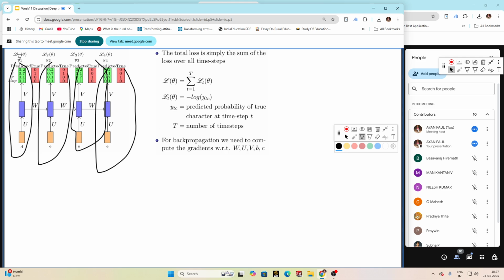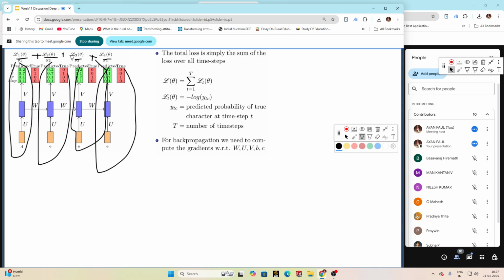For example, we will have loss L1 at time step 1, L2 at time step 2, L3 at time step 3, and L4 at time step 4. If we add all the L's, we get the loss over the entire recurrent neural network.